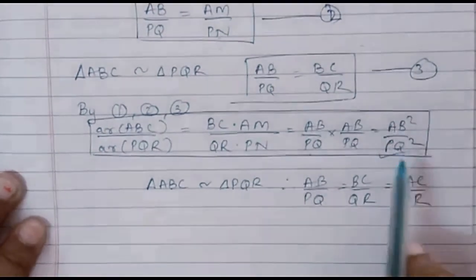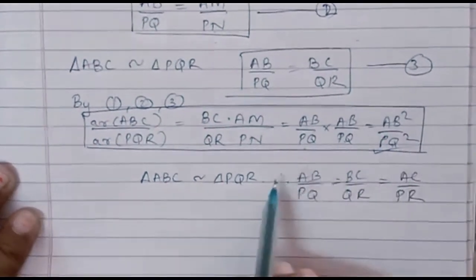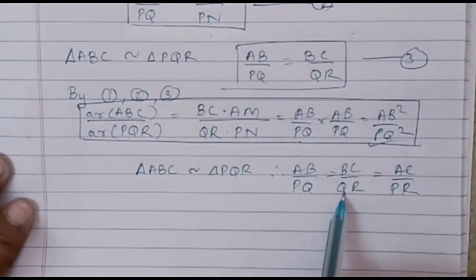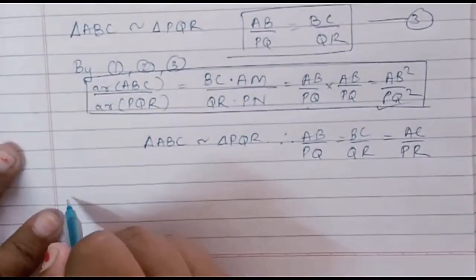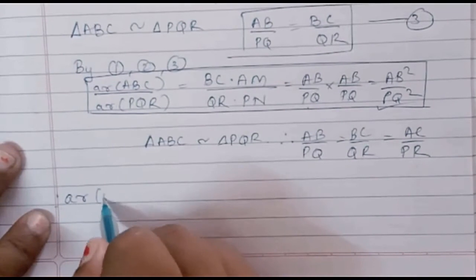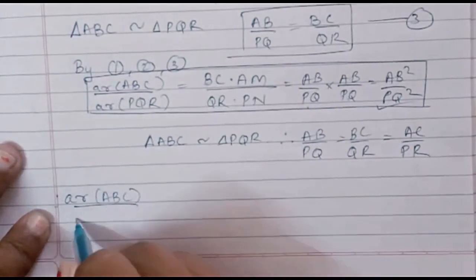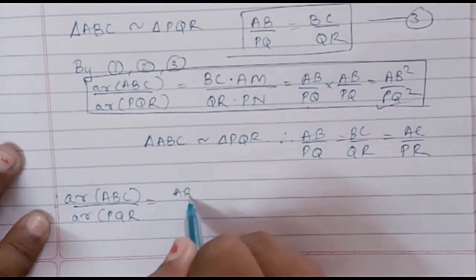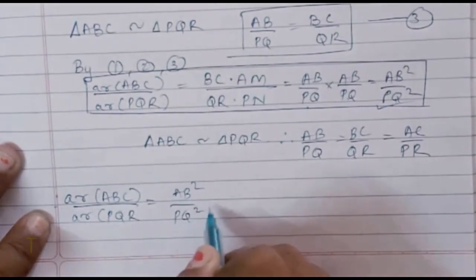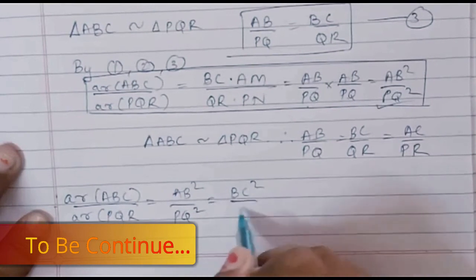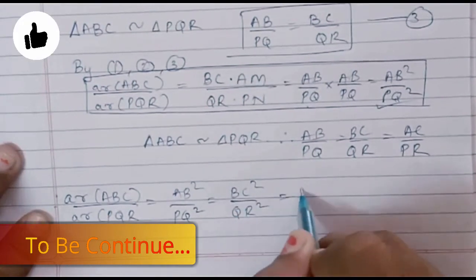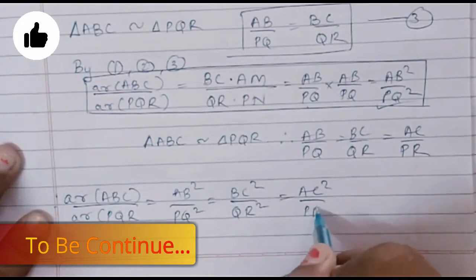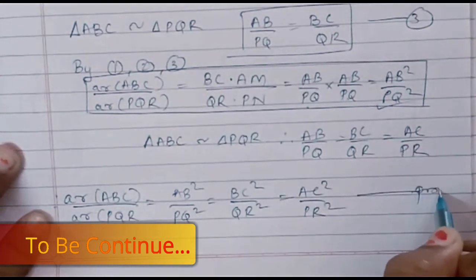So AB square by PQ square can further be written as BC square by QR square, and hence the result is proved: area of triangle ABC upon area of triangle PQR is equal to AB square by PQ square is equal to BC square by QR square is equal to AC square by PR square.